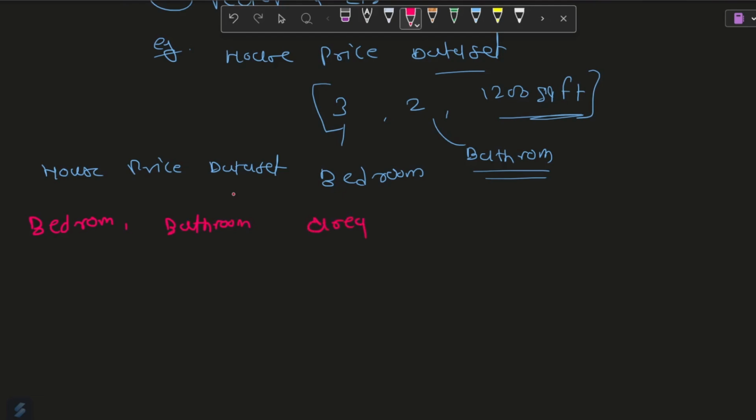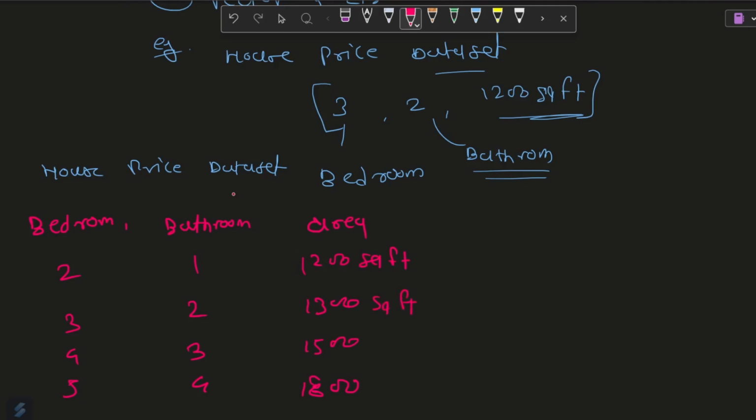Bedrooms are 2, 3, 4, 5. Bathrooms are 1, 2, 3, and let's say 4. And area is 1200, 1300, 1500, and 1800 square feet.